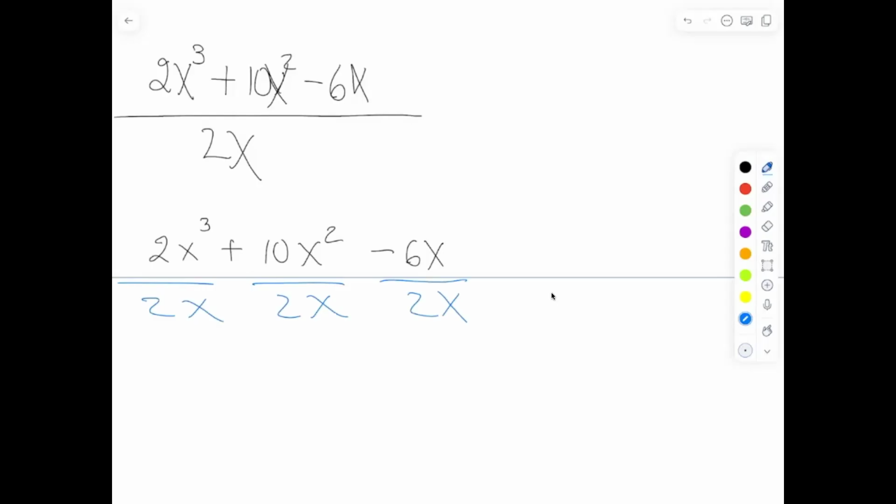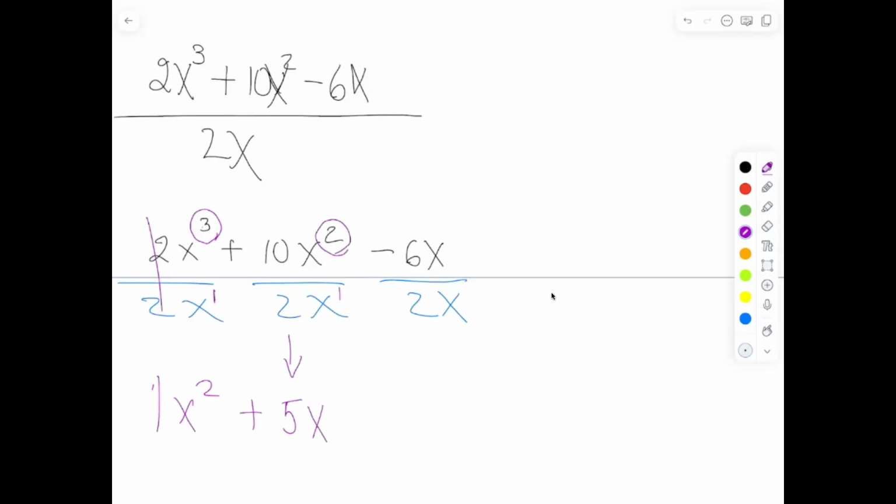Ooh, this looks nice. This is beautiful. What's 2 divided by 2? 1. I have 3 and I have a 1 here. What is 3 minus 1? 2. X squared. 10 divided by 2 is what? 5. I got a 2 subtracted by a 1.